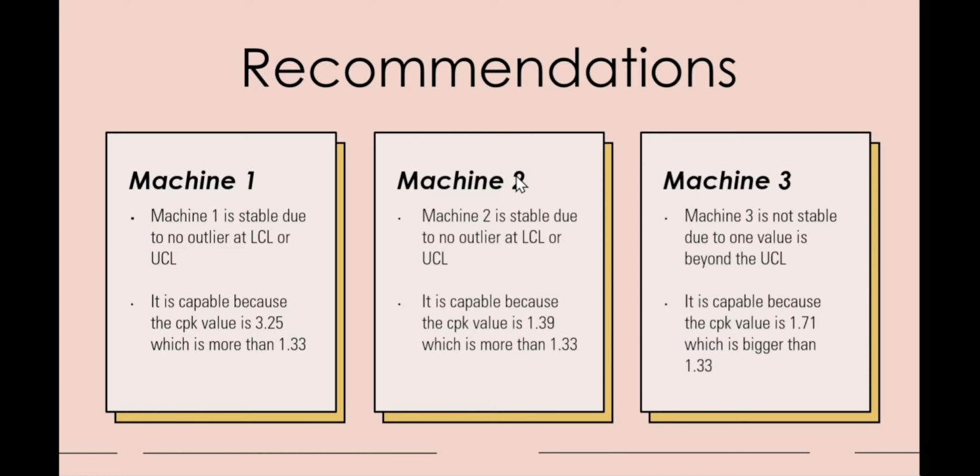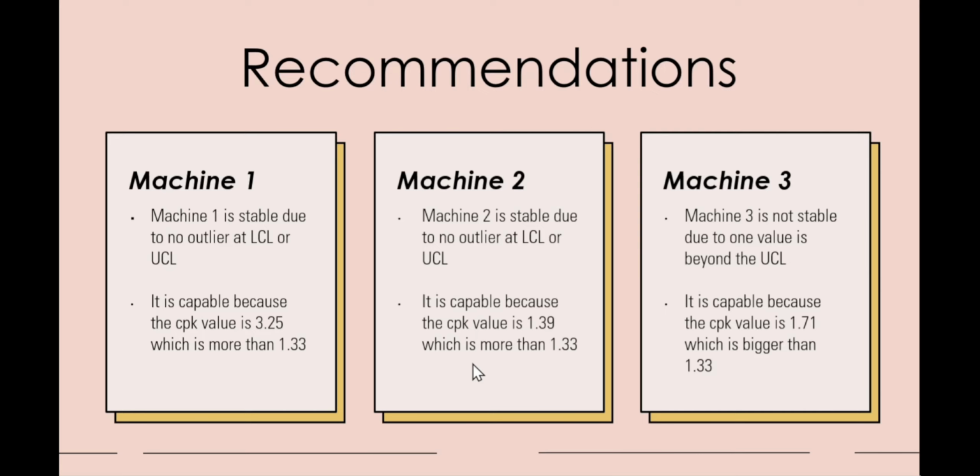Next is the recommendation part. For machine 1, it is stable due to no outlier at the lower control limit or upper control limit. It is capable because the CPK value is 3.25, which is more than 1.33. Machine 2 is stable due to no outlier at the lower control limit or upper control limit.